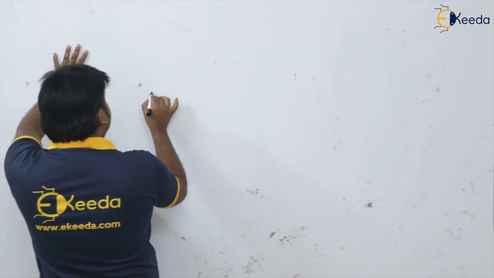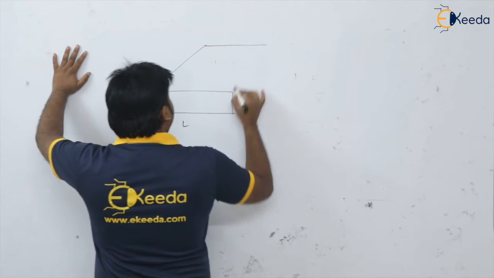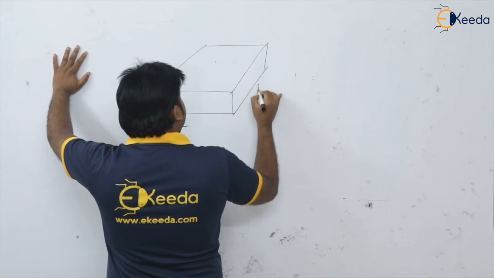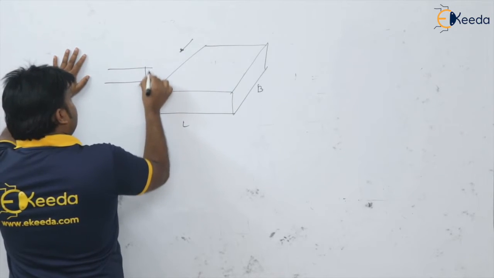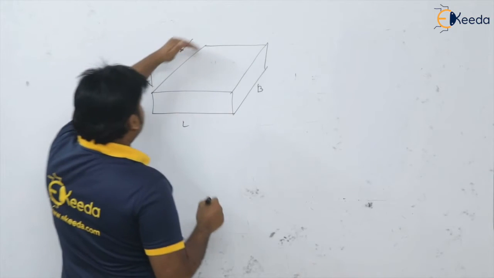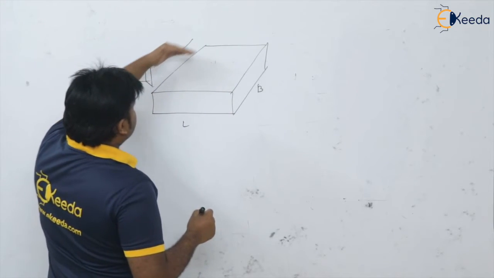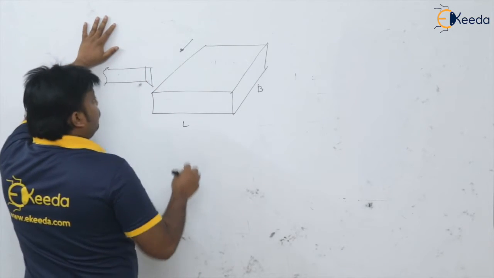Say, what was the diagram? So this is my length of the workpiece and see, this is the width. So definitely the tool is reciprocating from this given position and the workpiece is having the feed, isn't it? The workpiece comes in front of the tool, isn't it? So this is the width.